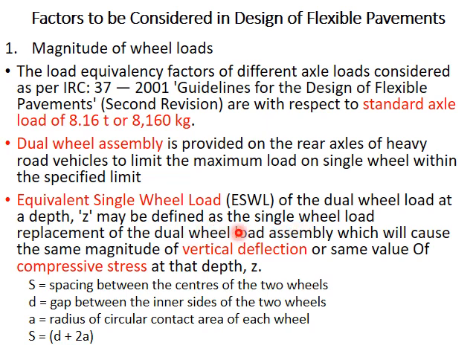That is, a dual wheel load assembly produces a vertical deflection and compressive stress, and for design purposes we need a single value of wheel load. That single value of wheel load which represents a dual wheel load assembly is called the equivalent single wheel load or ESWL.